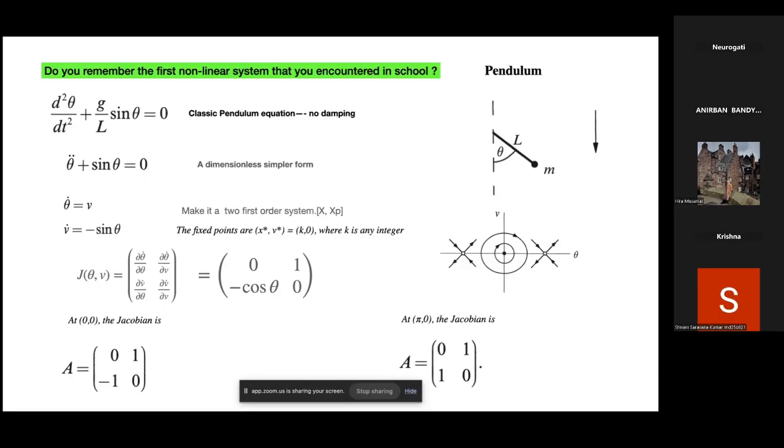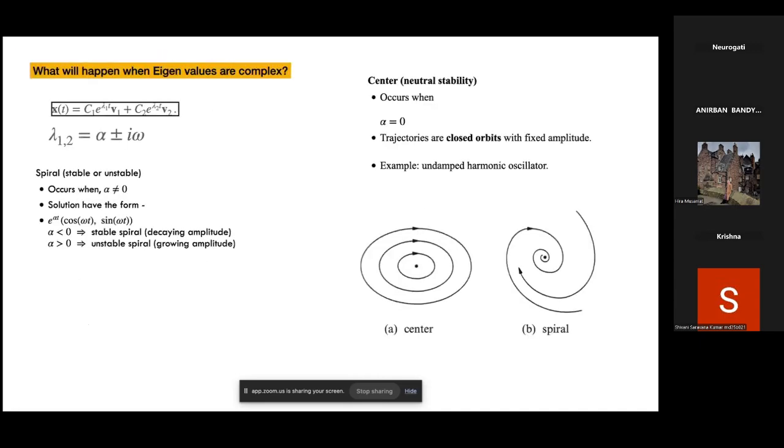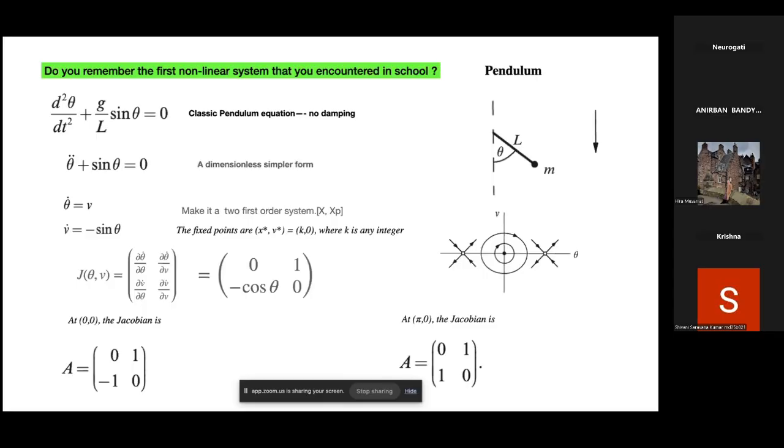As I told you, this closed orbit or center looks like a periodic solution. Why? Because if you calculate these eigenvalues lambda 1 and lambda 2, they produce imaginary numbers. You simply get lambda squared plus 1 is equal to 0, so all the solutions of lambda will be imaginary.